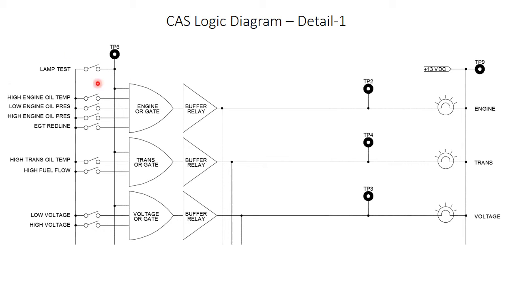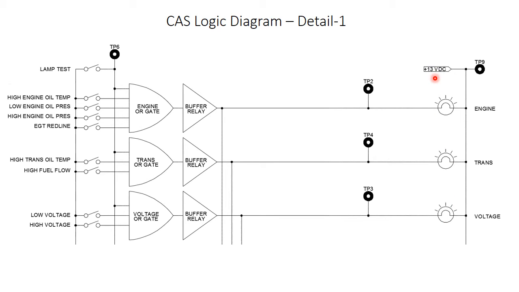Notice up here that there's a lamp test. This is a momentary push button, which is actually part of the Master Warning Annunciator. It's an illuminated push button switch, really. So when you push on that annunciator, it sends an input to every circuit on the CAS board. It will energize every OR gate, every buffer relay, and illuminate every single output device.